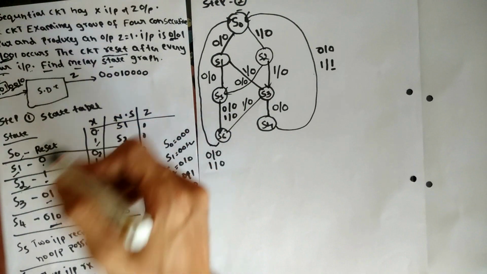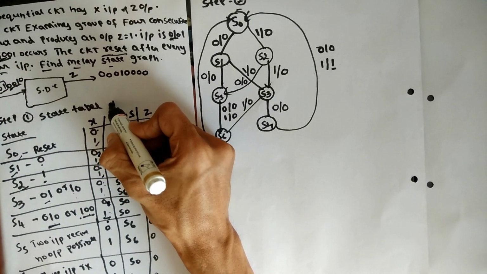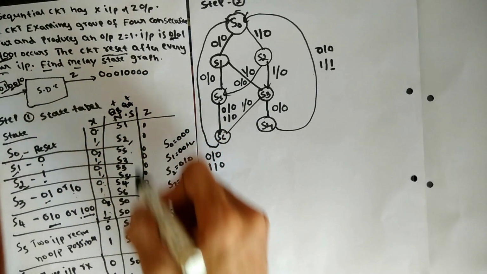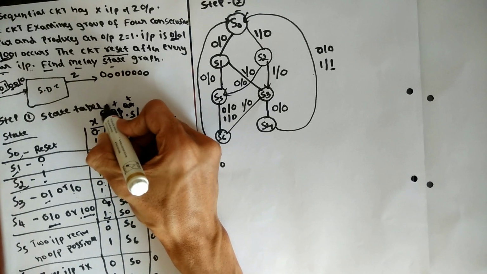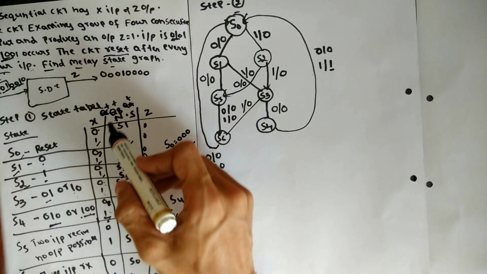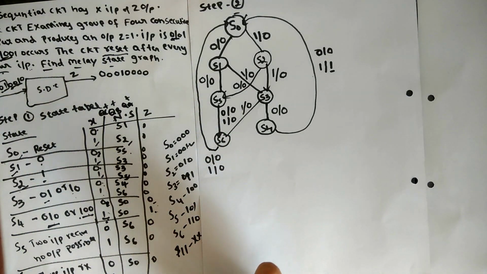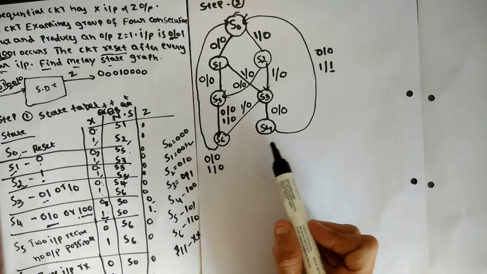After filling this, for the next state you are getting two things here, QB plus and QA plus. And you have to take one more, called QC plus, because it is 3 bits. So for each bit, you have to take that state, make the K-map and simplify it, and you will get the logic diagram. This way you can do it if they ask for the logic diagram.